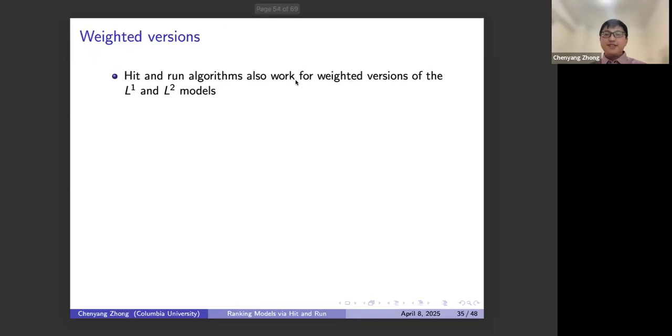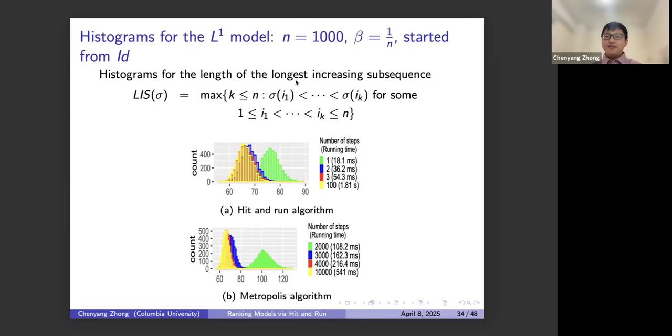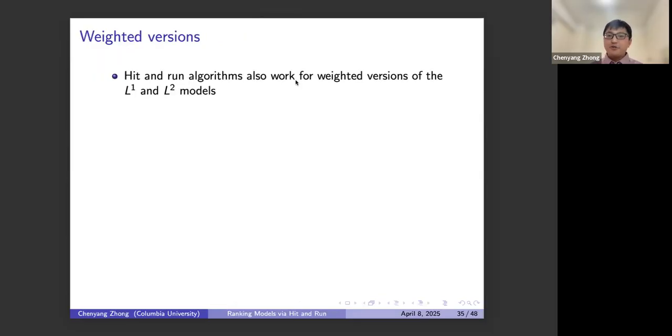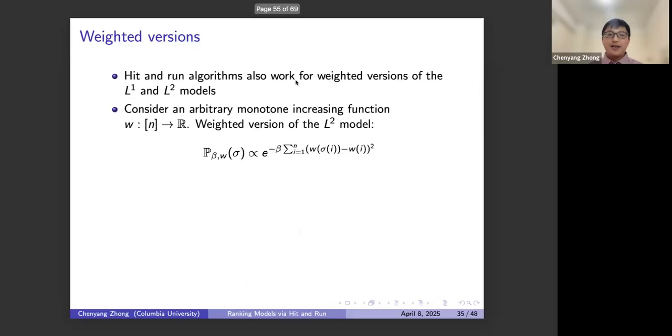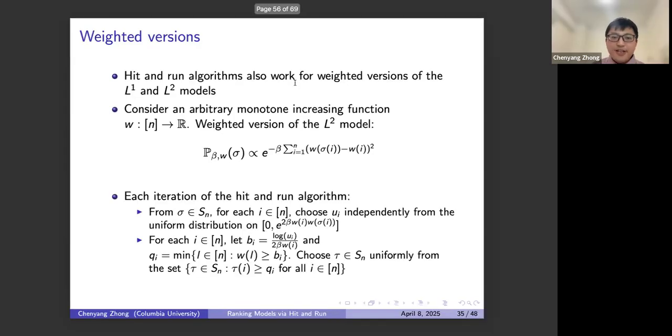Okay, so we have seen that the hit and run algorithm is provably efficient. And moreover, there is also a weighted version of the L1 and L2 models for which we can generalize the hit and run algorithm too. I will not talk about the details, but just give the form of the weighted version.